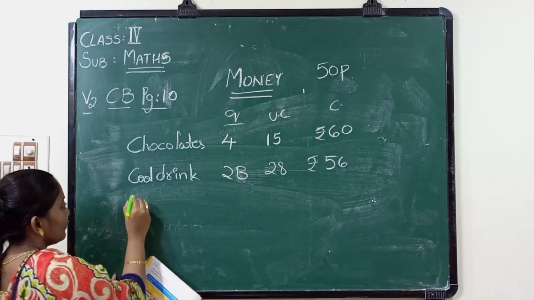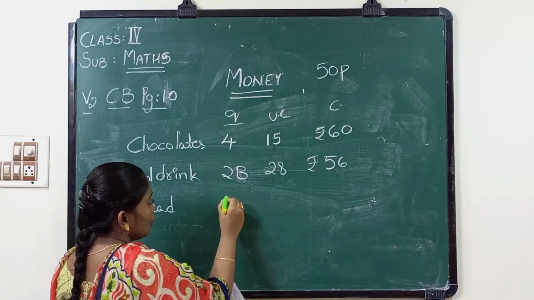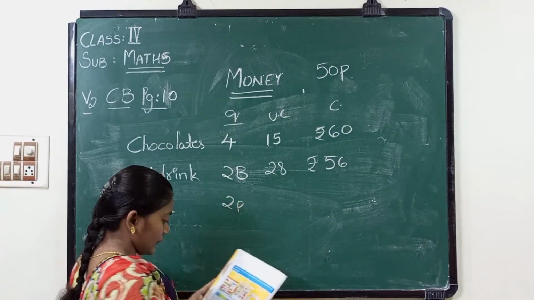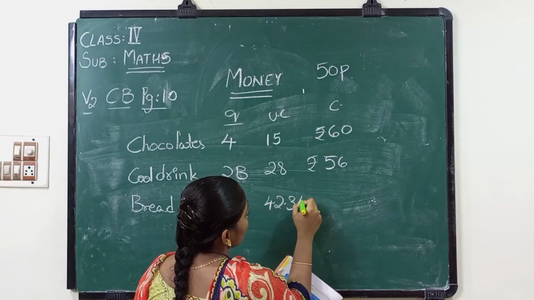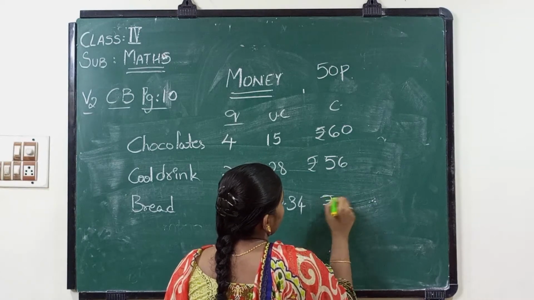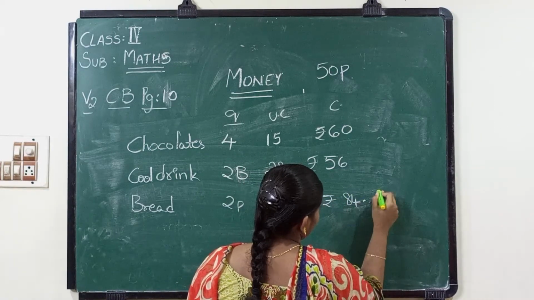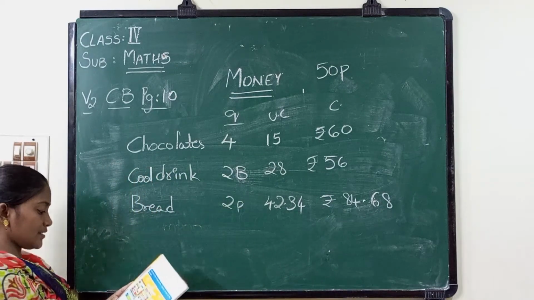Bread packet: 2 packets, each packet is 42 rupees, so the total is 84 rupees 68 pice.